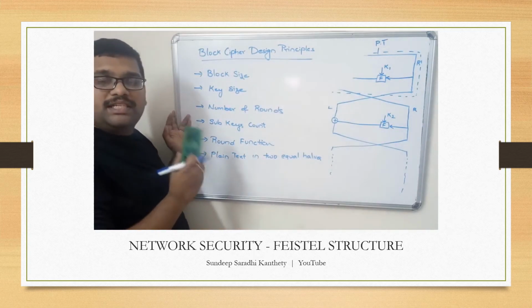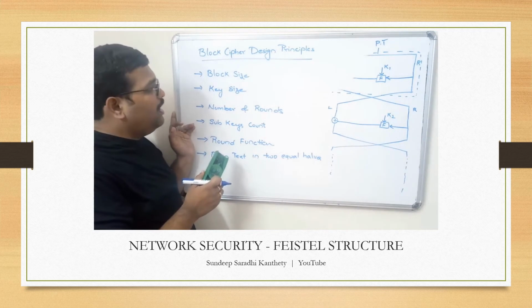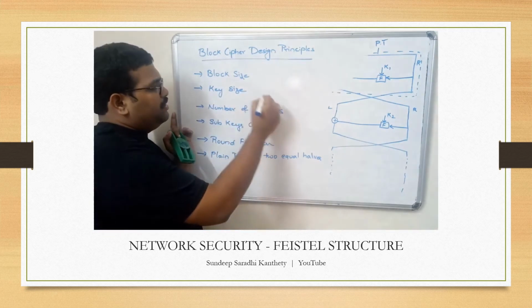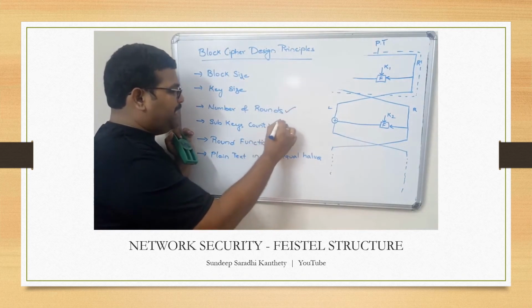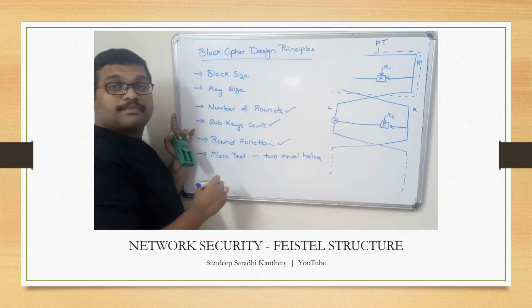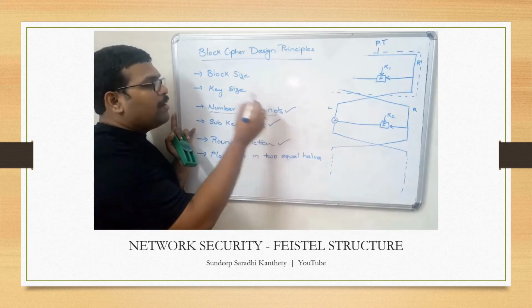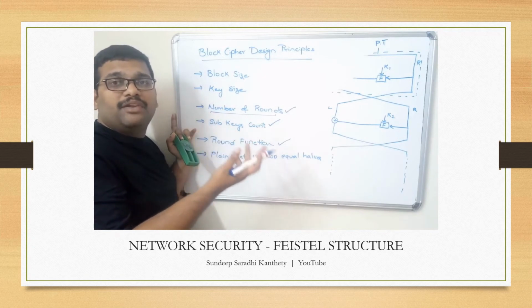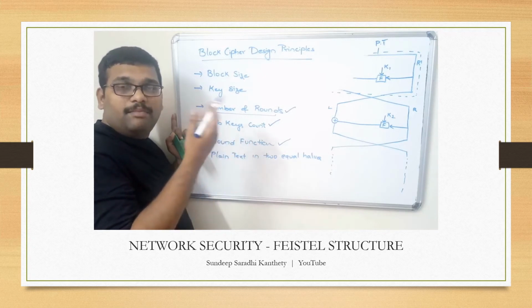Hope you understood these design principles. Here the security depends on the number of rounds, subkeys, and the round function. If the number of rounds is increased, the complexity will increase and also the security, so the data will be more secure.